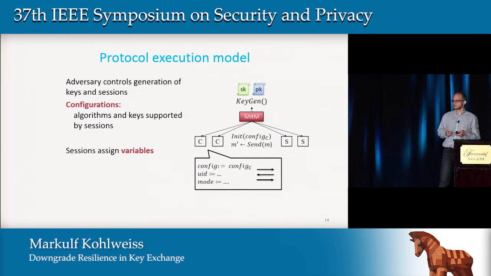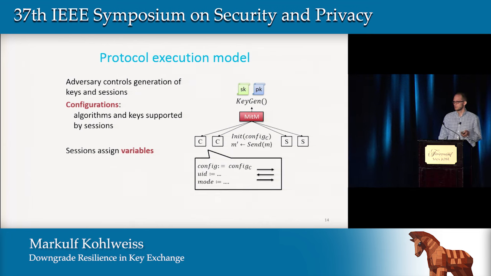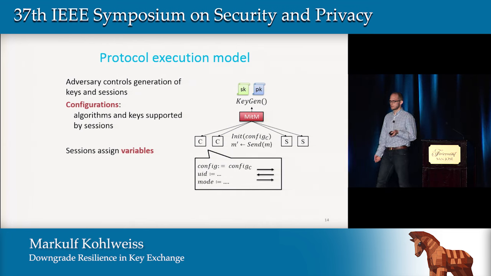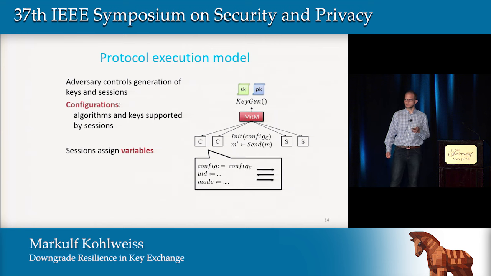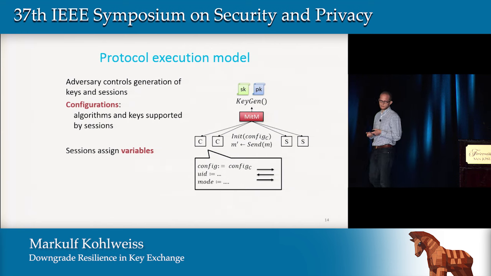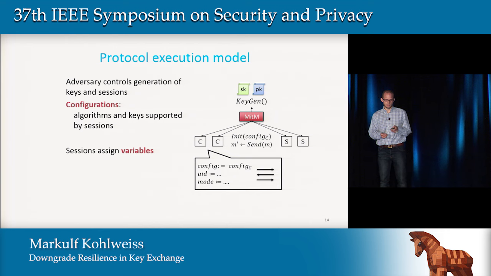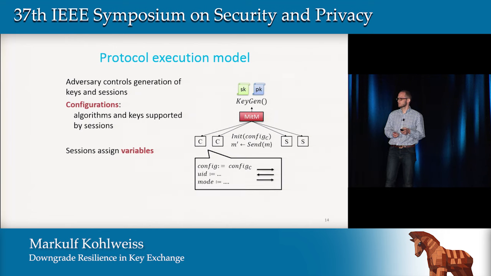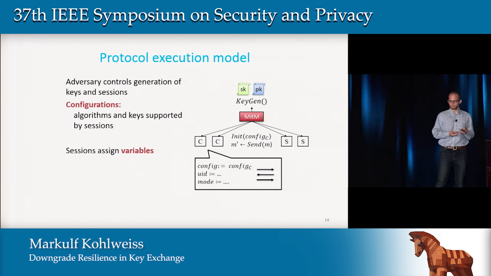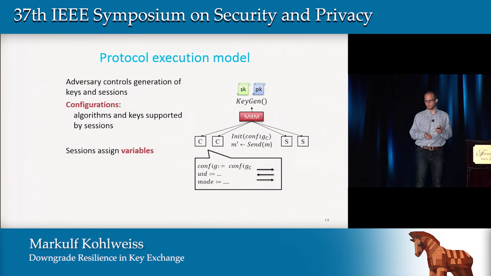As the sessions progress in the execution of the protocol, they assign variables which will be used to model security. So there are the configurations, there are some unique identifiers, typically a concatenation of nonces of two sessions, and the mode that is negotiated. And there can be more such variables for other protocols. I think in the key confirmation talk, there was also a very similar way of formulating security properties. So the goal of the attacker is to make instances reach a bad state where the attacker wins, a winning state. I will indicate those states in red.